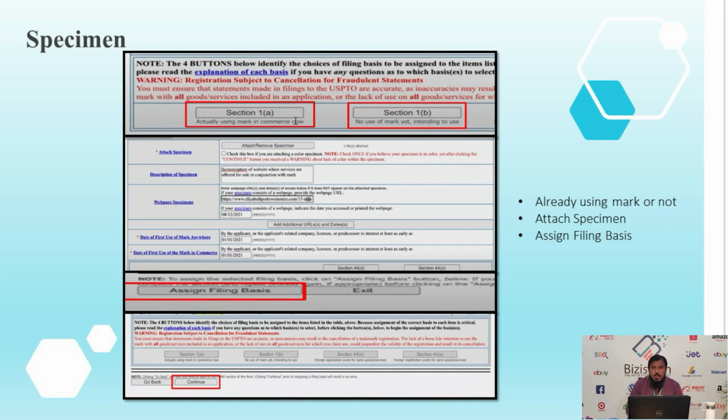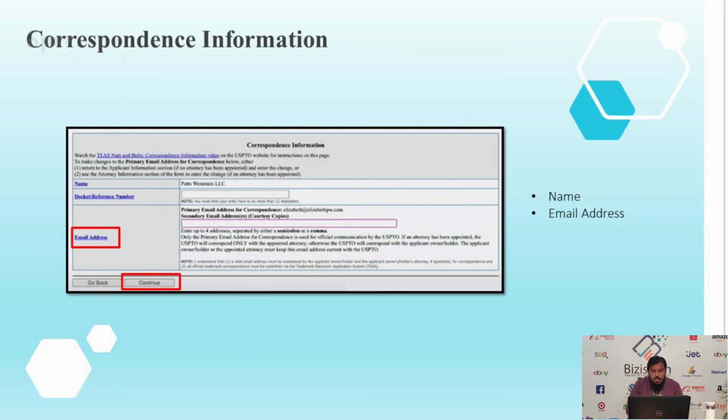Every time you choose one option, it will show you options based on the data you selected. So if you select that you are already using it in commerce, then you have to upload a specimen of your products and give all the details, like the first date you started using that name, and then you will click on continue. After continuing, the next step is that they will ask again for an email address and a contact number.